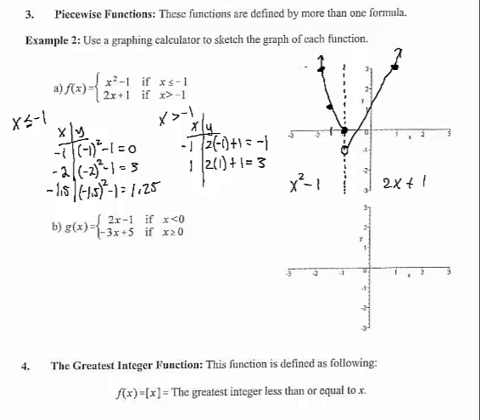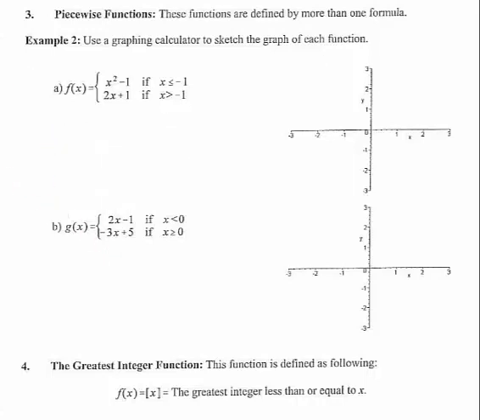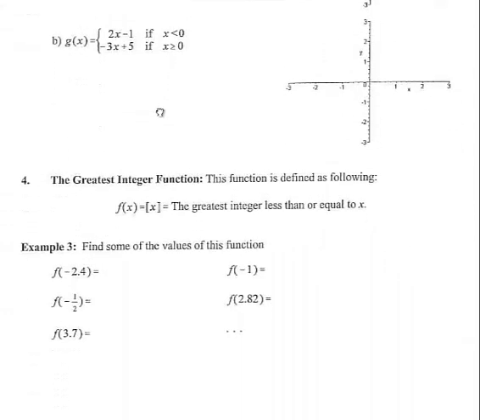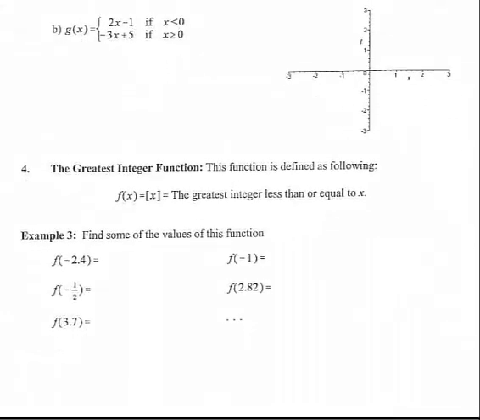So I will move on to the next piecewise function, g, and follow the same procedure. I'll create my 2 tables. I will take note of my reference point, 0, and x equals 0 is the y-axis.